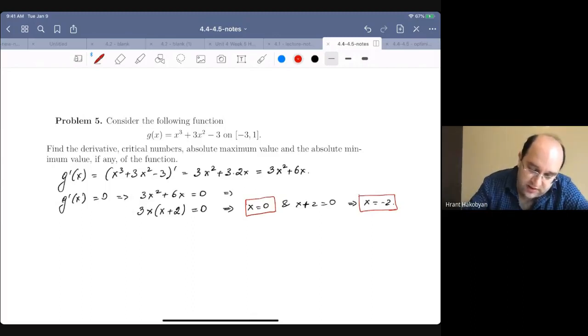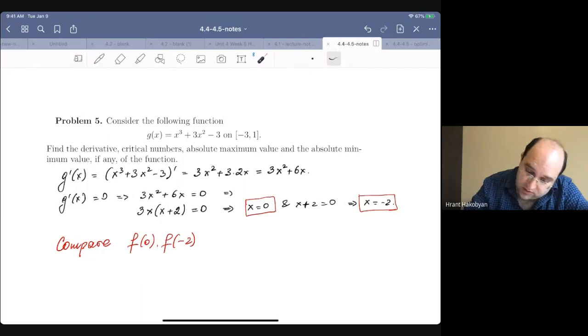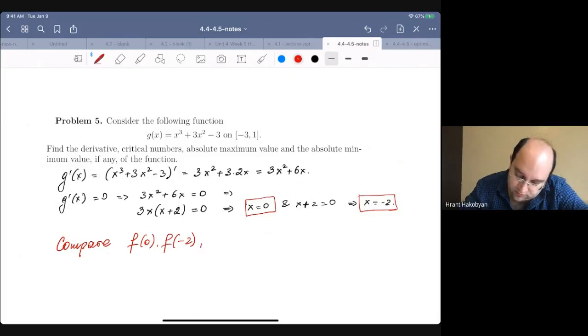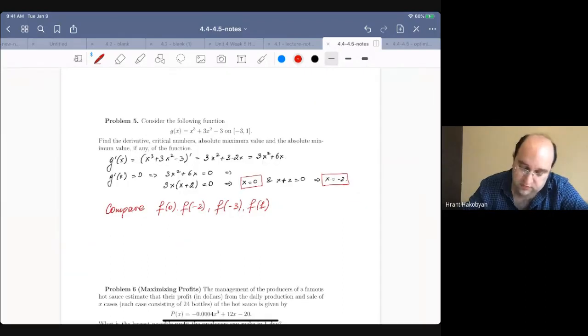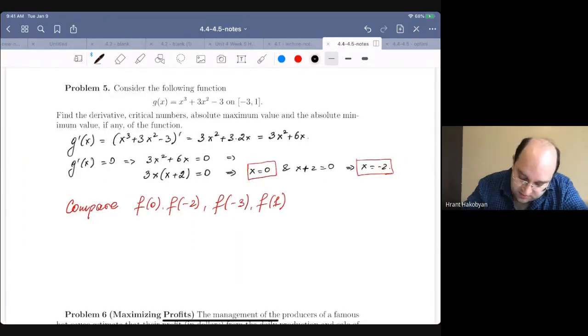So next I'm going to compare f at 0, f at negative 2, and also at these points here, at negative 3 and at 1. So there's 4 things I have to calculate, and the biggest one of these will be my absolute maximum, and the smallest one will be the absolute minimum. So let's do f at 0.